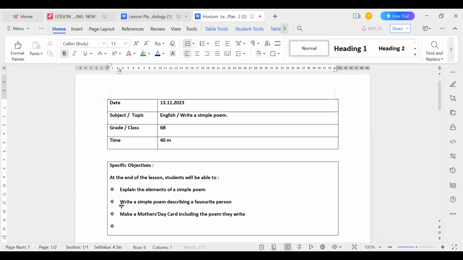How do we put that into words? Value the importance of showing gratitude.